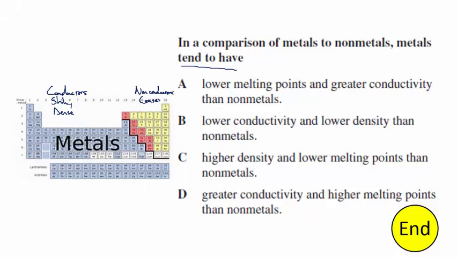A lot of times they're gases, which means they're not very dense. The one that's tricky, they mention the word melting point over here, so I know that's coming. These can have a high melting point. Sometimes some of them are lower, but we'll see what the statements say. Maybe we'll find out what the answer is.